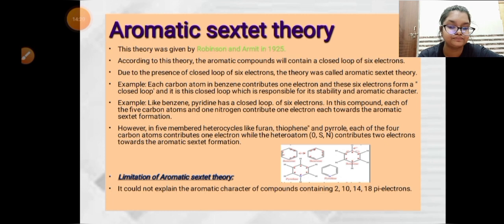Like benzene, pyridine has a closed loop of 6 electrons. In this compound, each of the 5 carbon atoms and the 1 nitrogen atom contributes 1 electron towards the aromatic sextet formation, meaning 5 electrons from carbon atoms and 1 electron from nitrogen, together 6 electrons, a closed loop of 6 electrons.